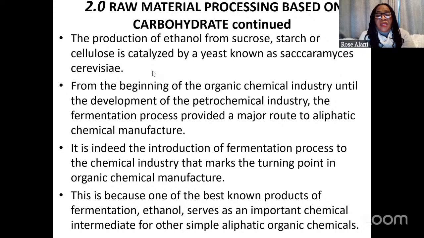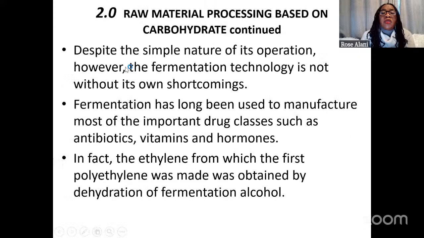This is because one of the best known products of fermentation, ethanol, serves as an important chemical intermediate for other simple aliphatic organic chemicals. Despite the simple nature of the operation of fermentation technology, it still has some shortcomings.